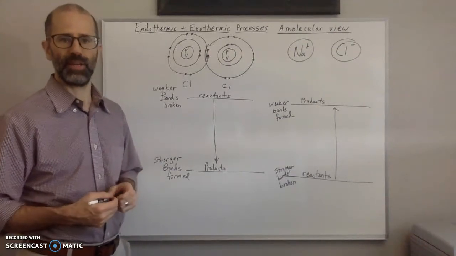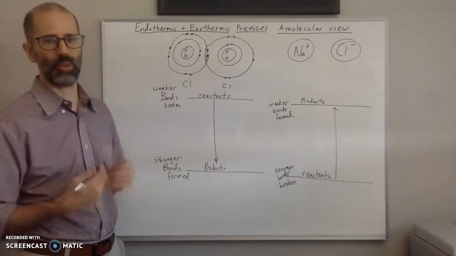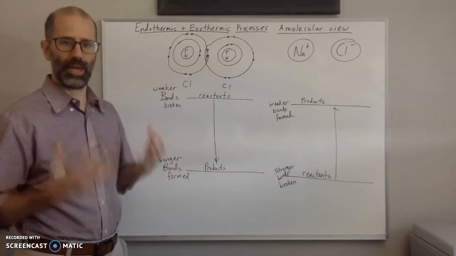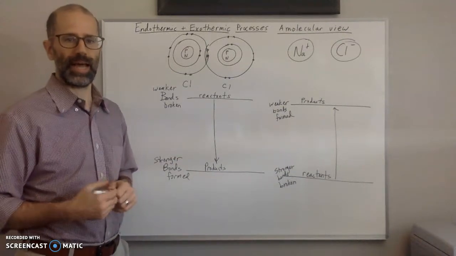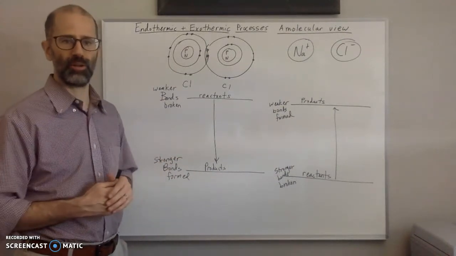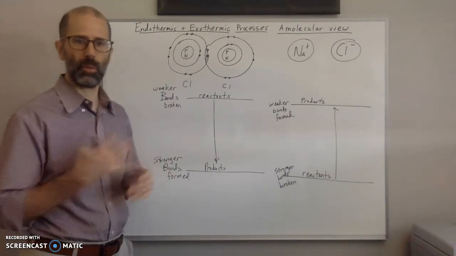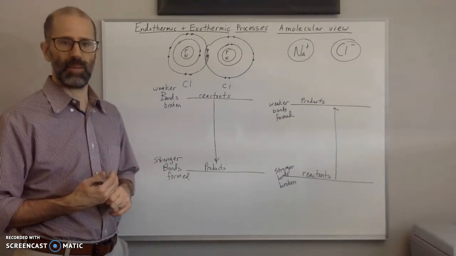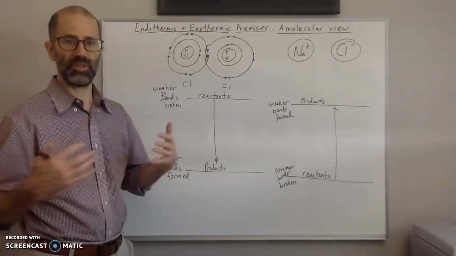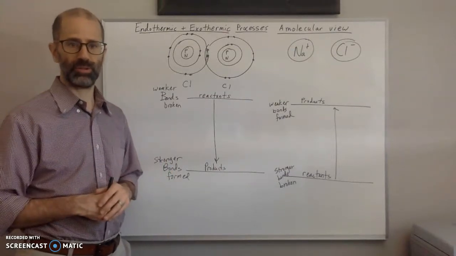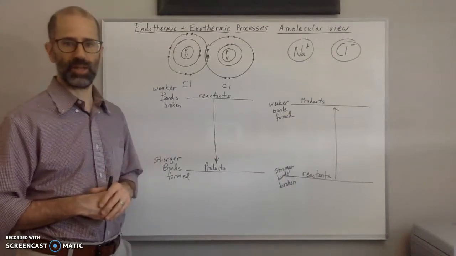In this case, it's got to be coming from the potential energy. So remember that the total energy of the system is potential plus kinetic. In earlier videos, I talked about the kinetic energy being related to the motion of molecules, but the energy is also tied to the positioning of the molecules themselves or the composition of the substances we are dealing with.